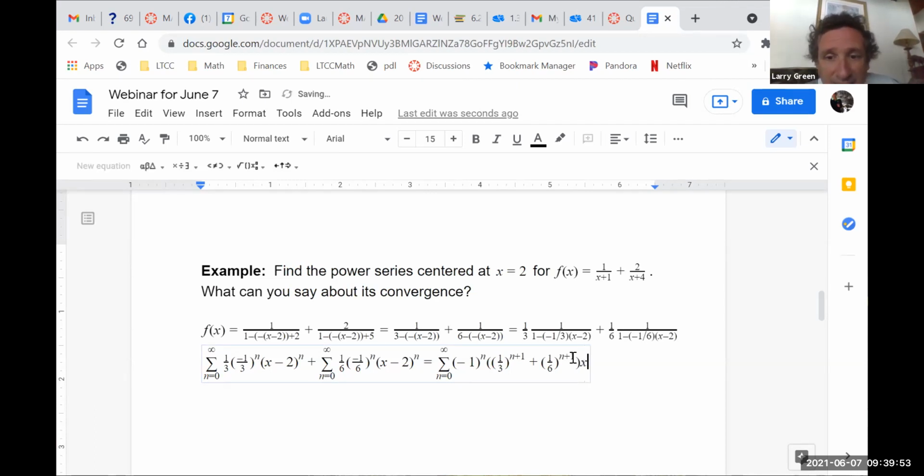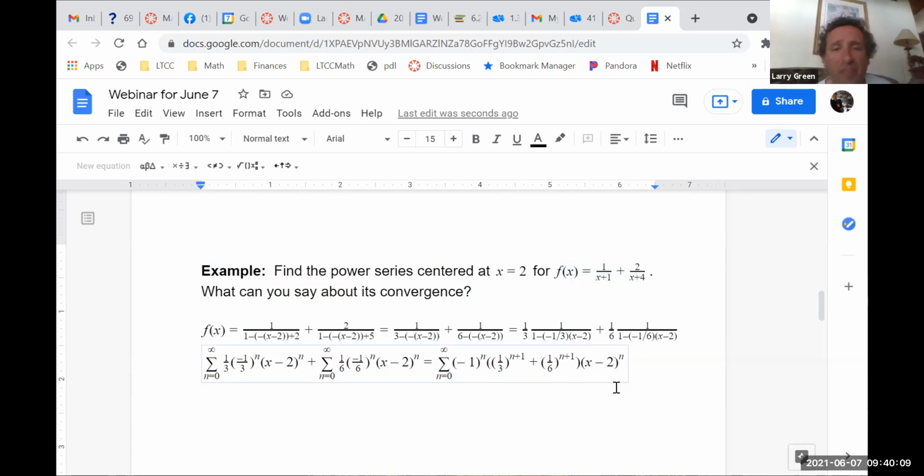Close the parenthesis, and it's x minus 2 to the n. Okay, and now I've written the power series centered at x equals 2 for this interesting function.